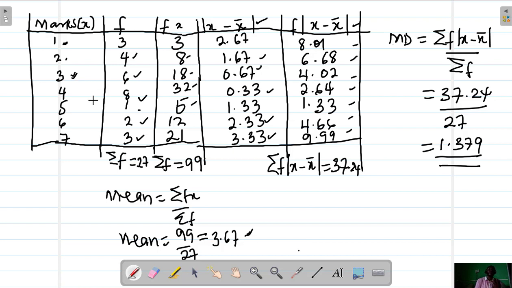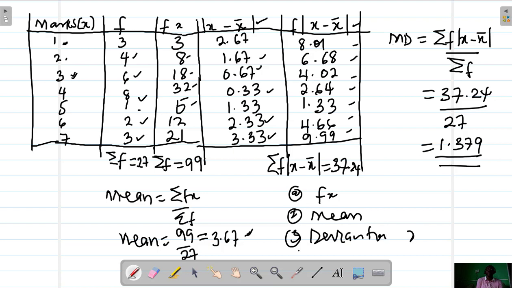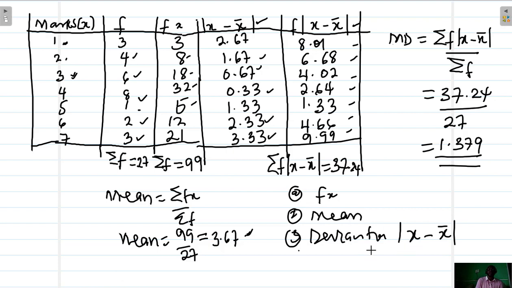So when you have a frequency table, what you need to do is first find fx to find the mean, then find the deviation, which is subtracting the x from the mean x bar in absolute terms, meaning don't accept a negative sign.